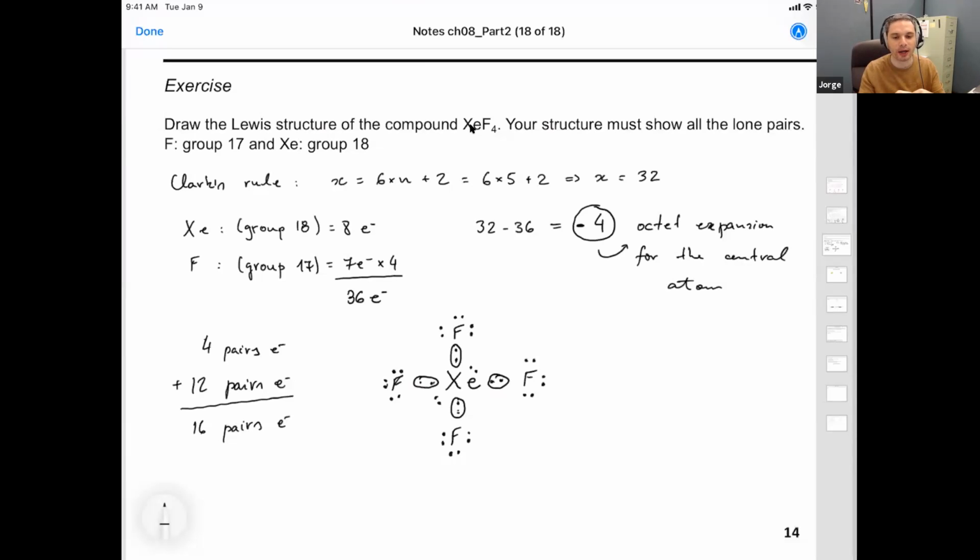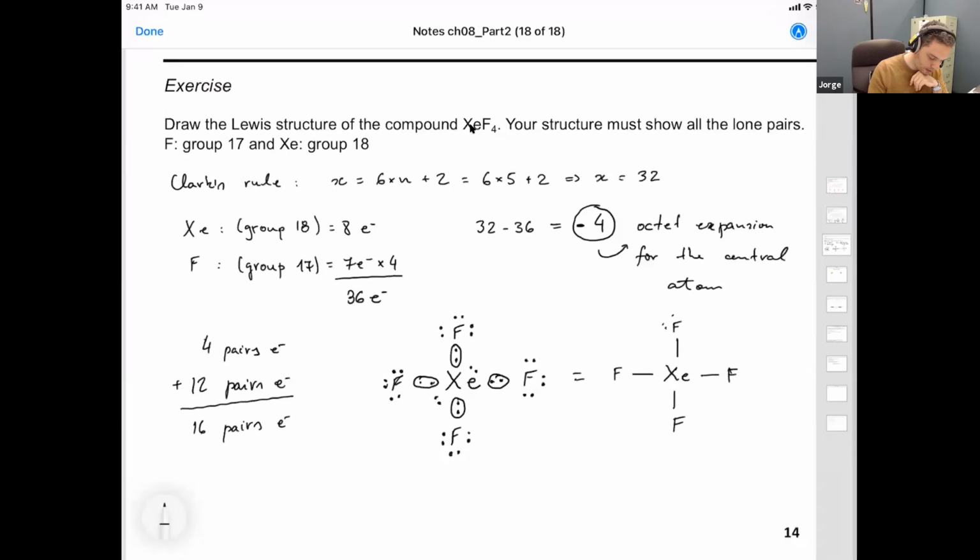Therefore, that means the octet is expanded for xenon. And that's what we suspected using the Clark's rule. Okay. So this structure is better represented when you use solid lines to represent the single bonds or any covalent bond.